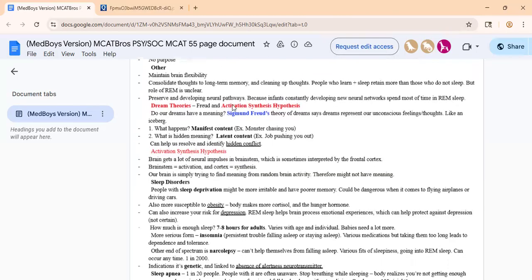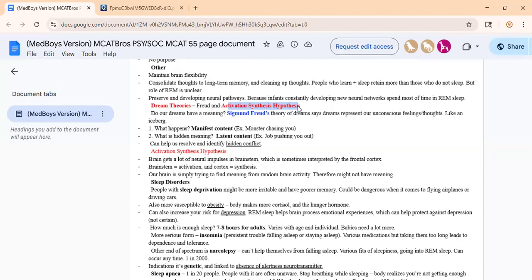The most important thing to know is activation synthesis. It's basically saying that our dreams have meanings, and there are reasons why things are happening. Our manifest content is what is happening, and the latent content is the meaning behind it. For example, I had a dream that I got accepted to medical school, one of my top choices.